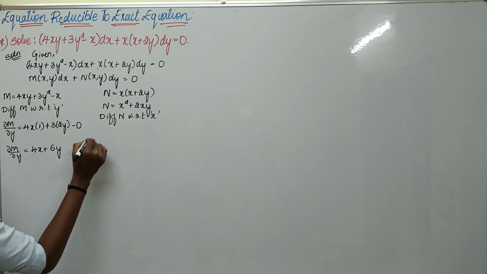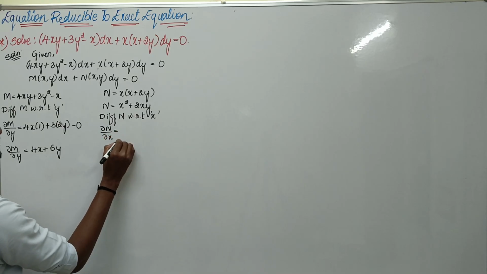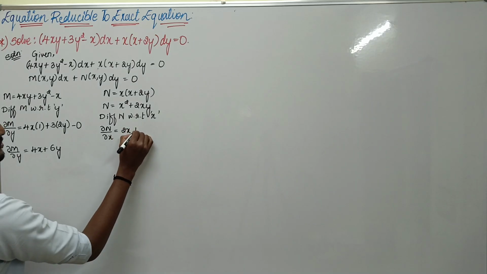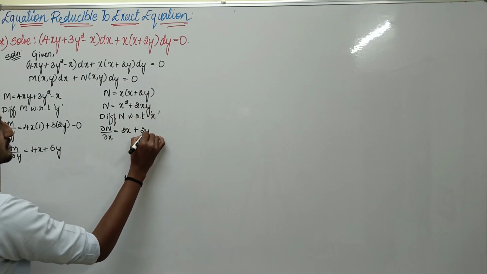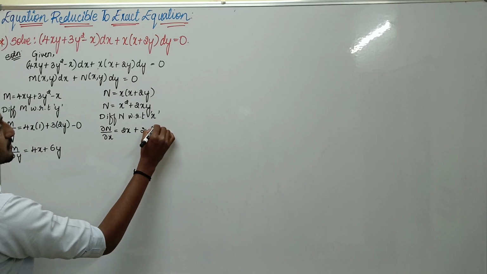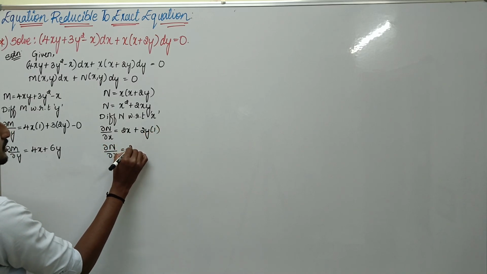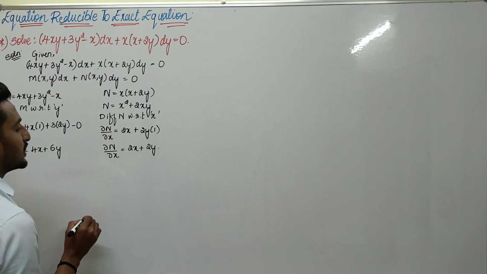Similarly, differentiate N, that is ∂N/∂x, which equals differentiation of x², which is 2x, plus, since we have x in this term, 2y remains constant and differentiation of x is 1. So ∂N/∂x equals 2x + 2y. Done.